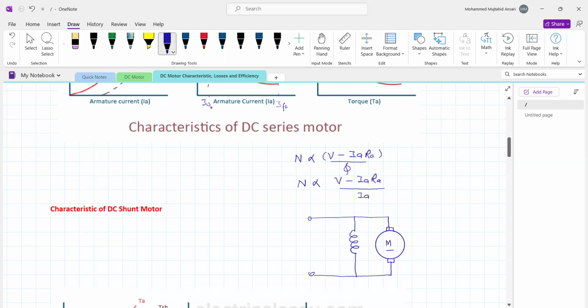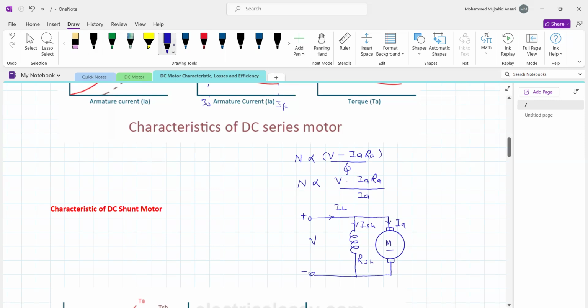So in the DC motor, the shunt field current is ISH. Here is the supply voltage V, and this is the armature current IA, and this is RSH. So this current is ISH, and this is the load current I, which the motor draws.